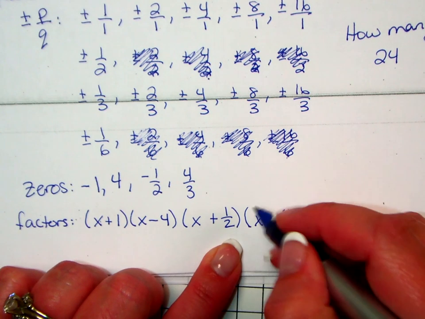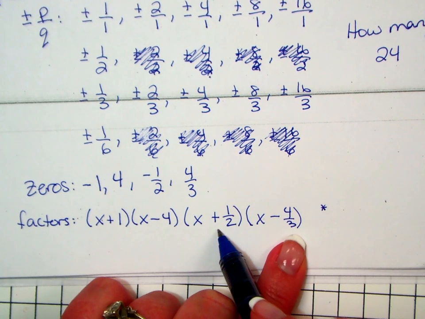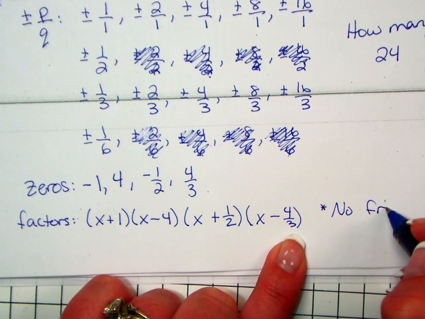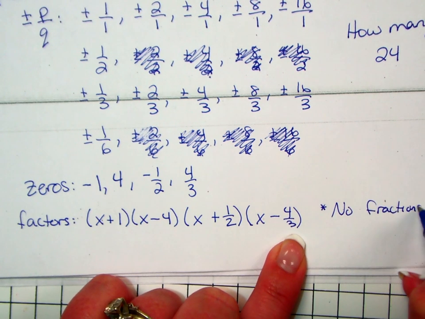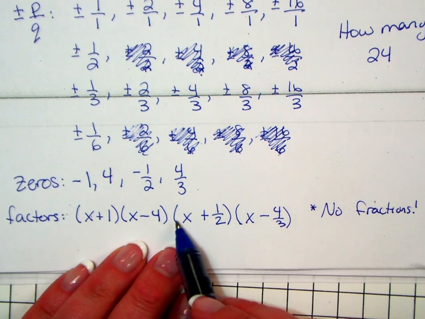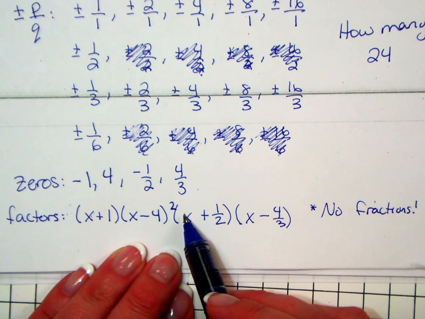Now remember, we can't have any fractions. We've got to get rid of this fraction, and we've got to get rid of this fraction. No fractions, none. So to get rid of this fraction, I need to take this factor and multiply everything by 2 and distribute the 2.